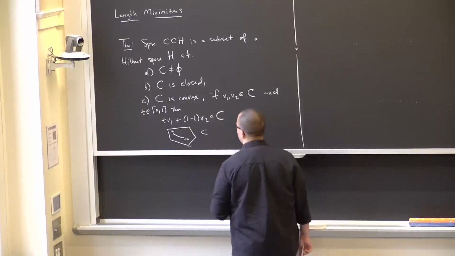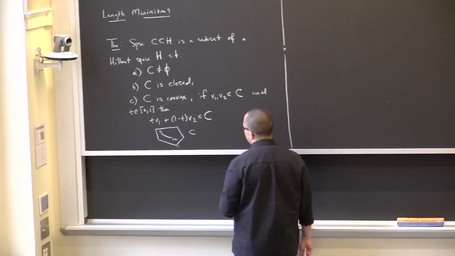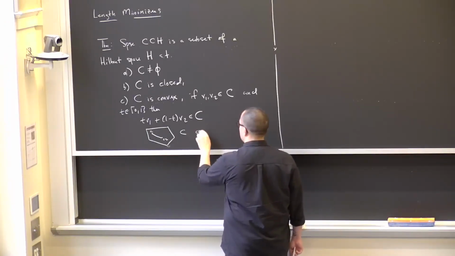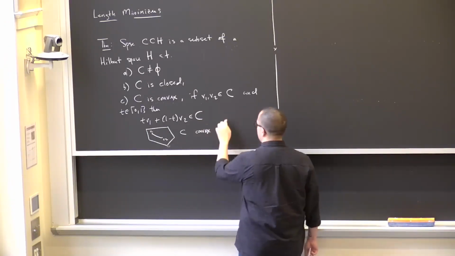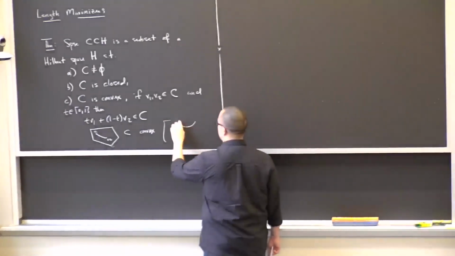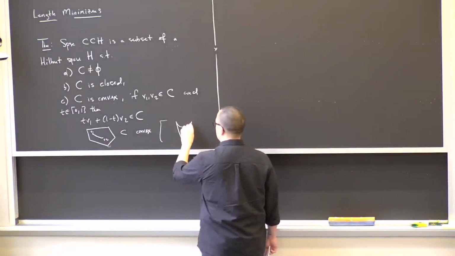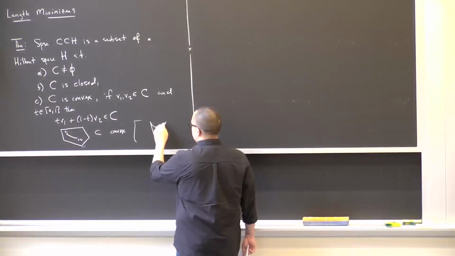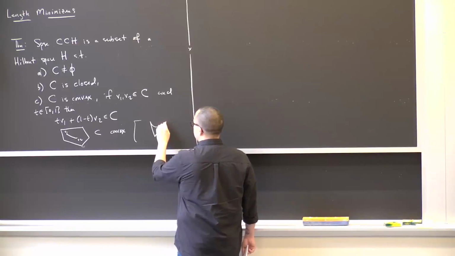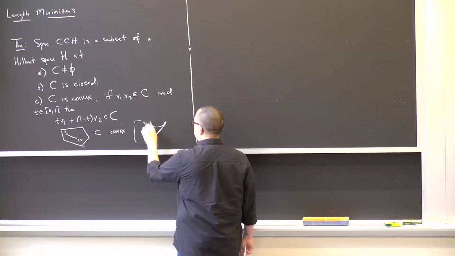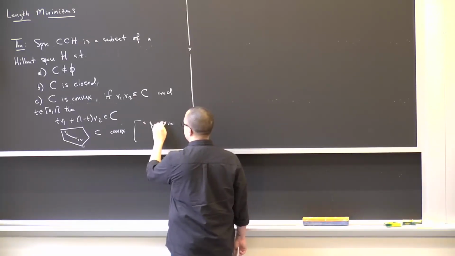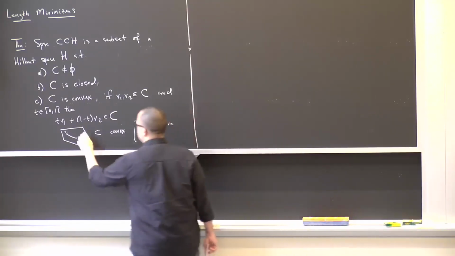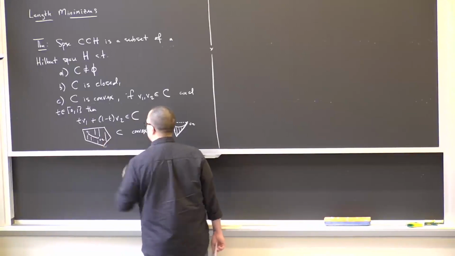So this is convex, and so for example, this picture is not convex because I could take two elements, V1, V2 here, and the line segment does not stay in the set C. Okay?